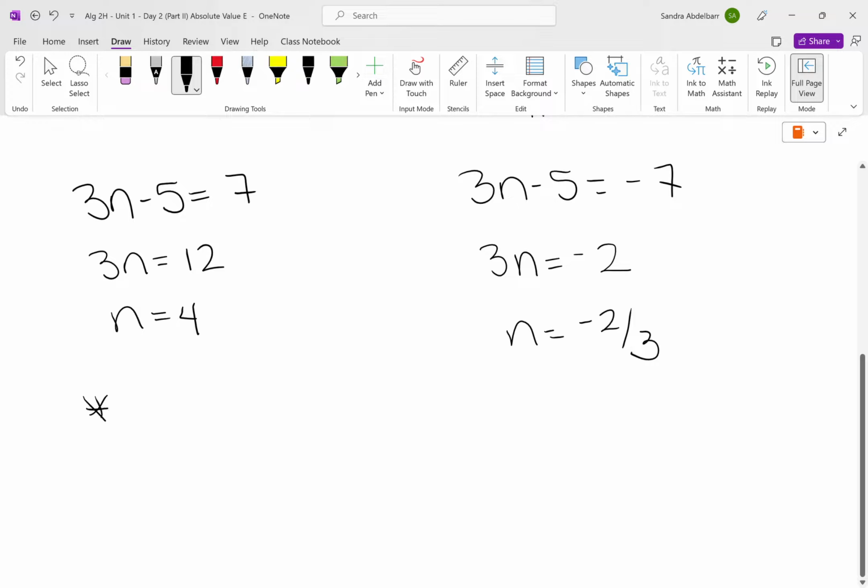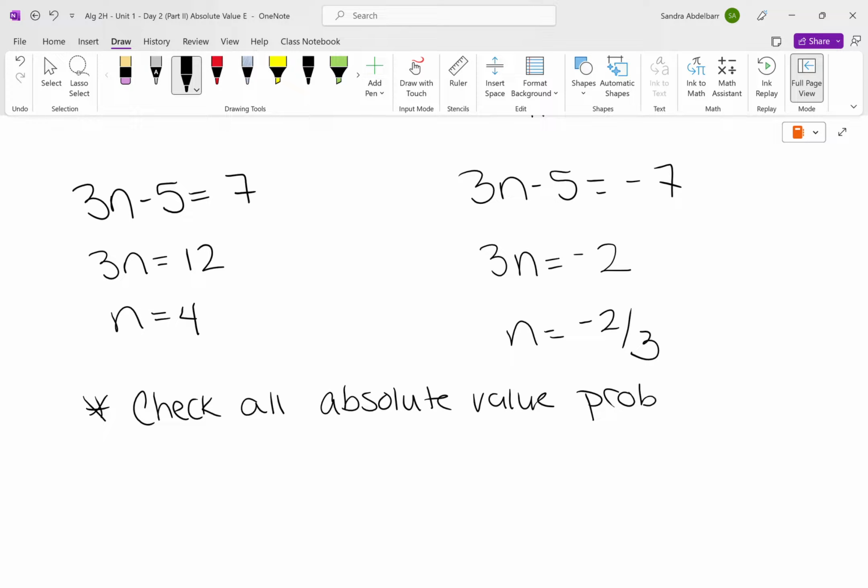All right, I'm going to put a star here. We need to check all absolute value problems to make sure both answers work.